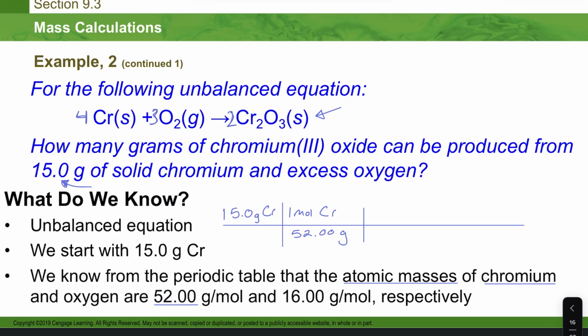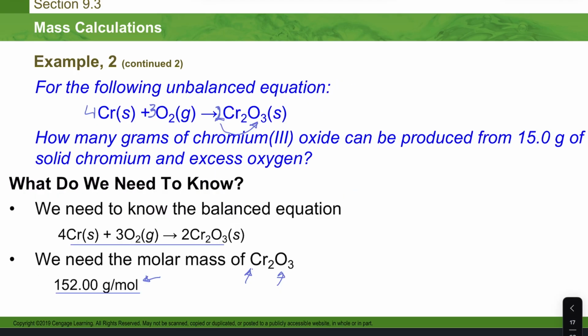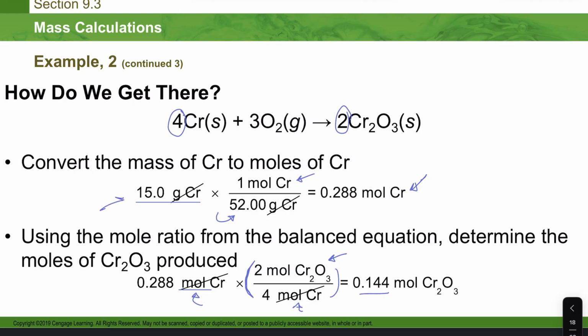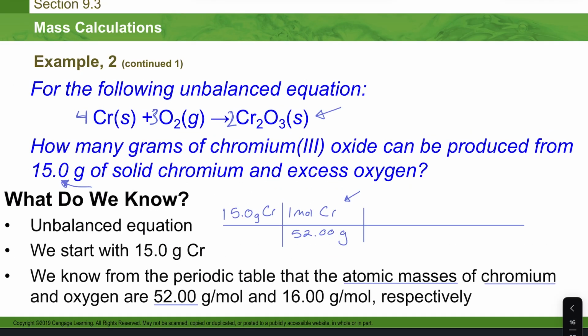Now, if I were to stop the equation right here, it's like doing this first step where I have just stopped and found the number of moles, but we can continue. So now that I'm in moles, I can use the ratio up here, the chromium to chromium oxide, and I can say that for every 4 moles of chromium, there are 2 moles of Cr2O3.